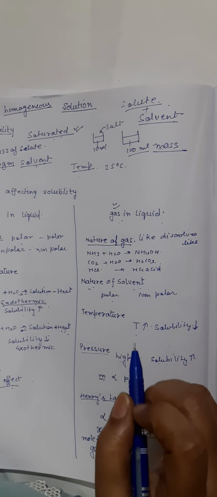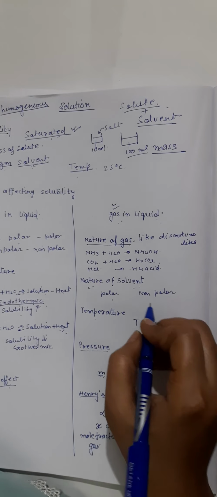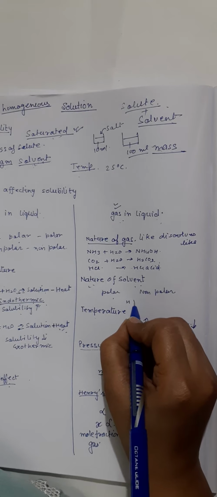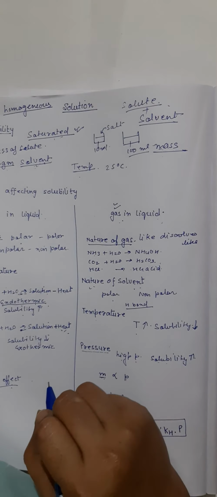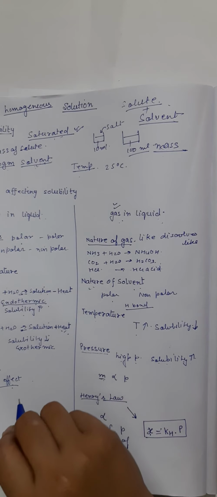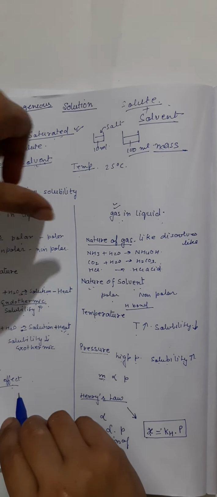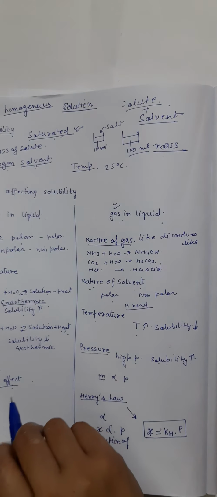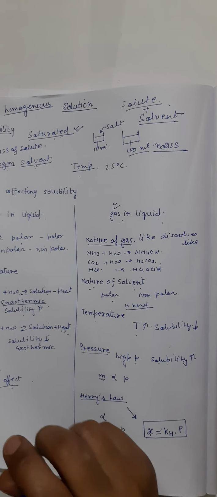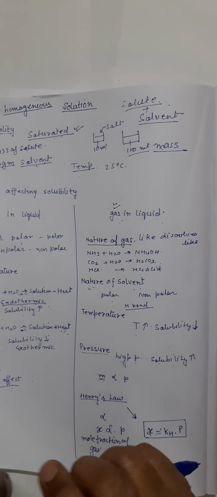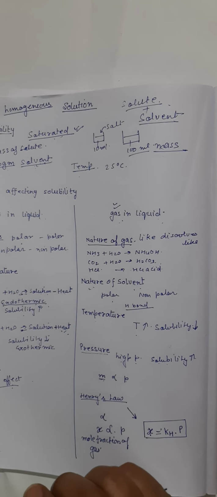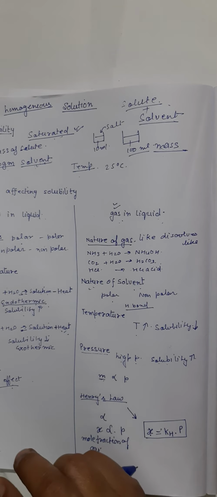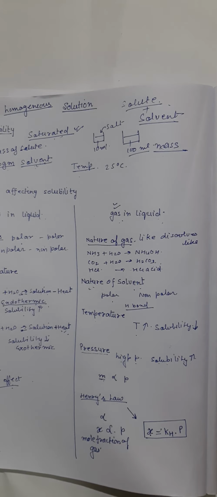Here one thing more can be taken into account: if there is any possibility of formation of hydrogen bond between solute and solvent, then solubility increases. That is the case in ammonia or H2S also, HCl. If there is any special type of bonding arising between a solute and a solvent, solubility increases.